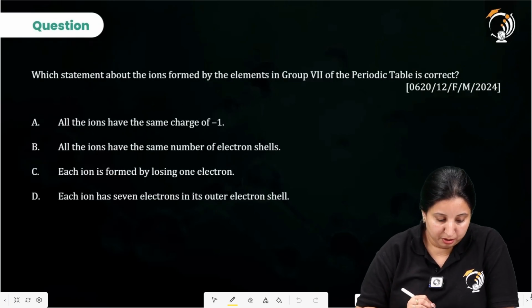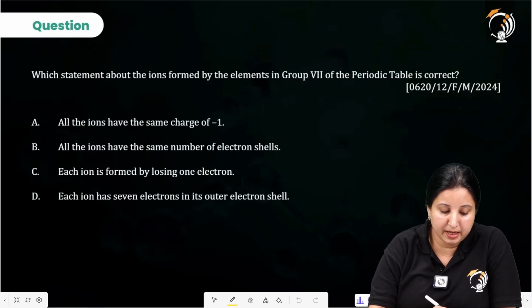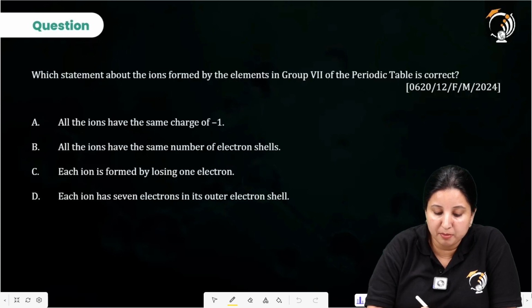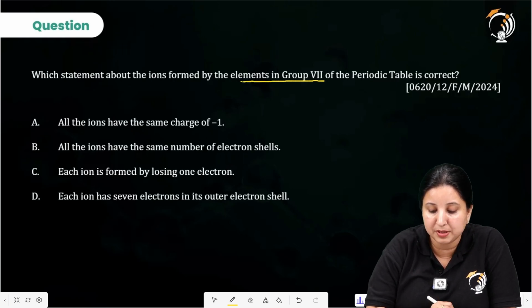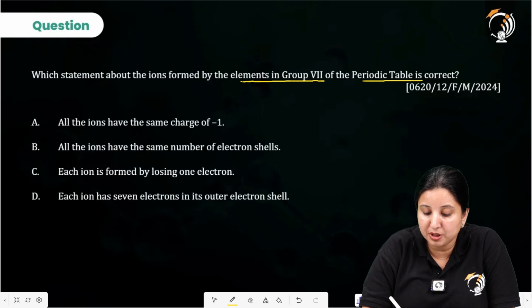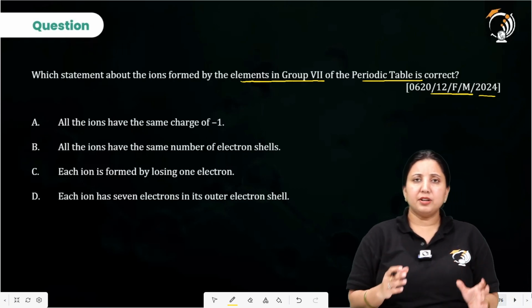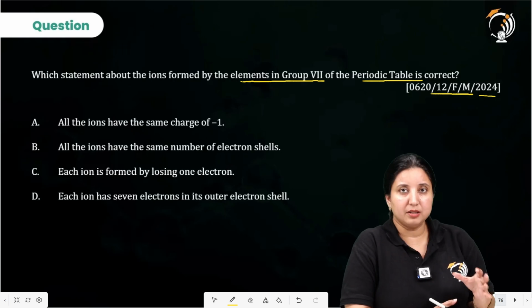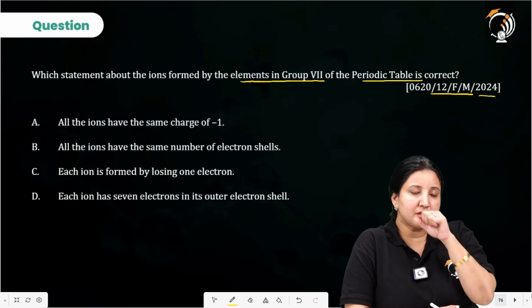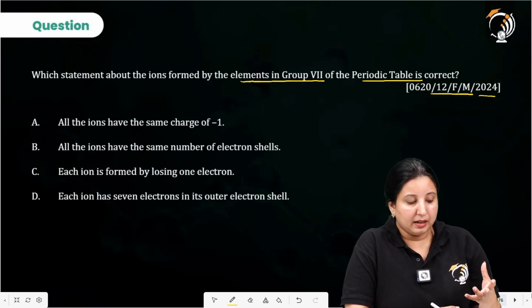Now let's see the question over here. The question says, which statement about the ions formed by the elements in group 7 of the periodic table is correct? This particular question is from variant 12, February March 2024. Basically it is a very short portion which we study, because we just have to briefly understand what an isotope is, since most of the questions come from that part.